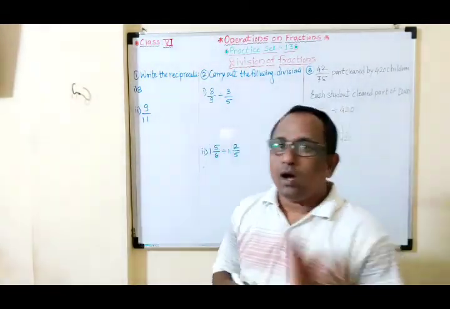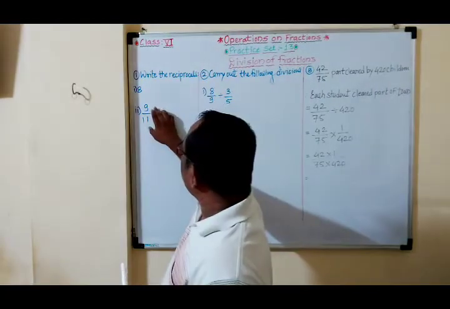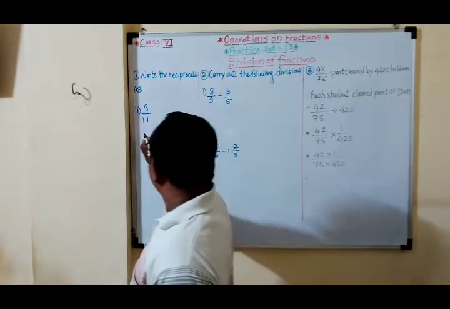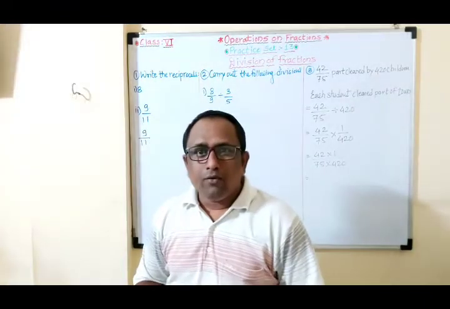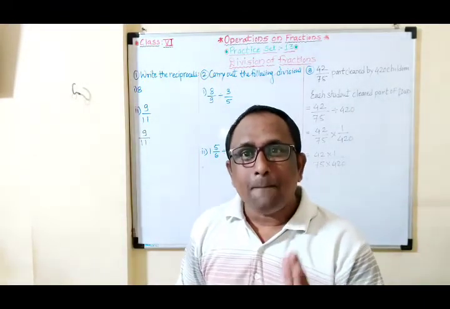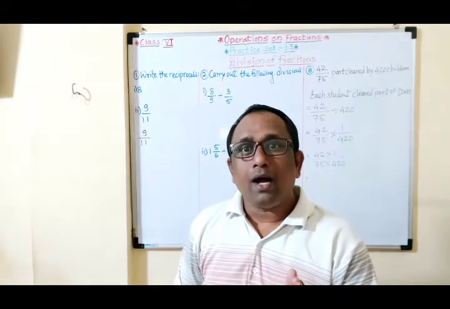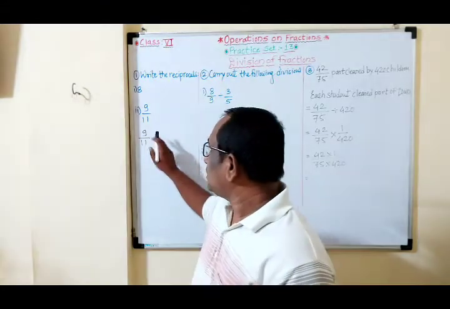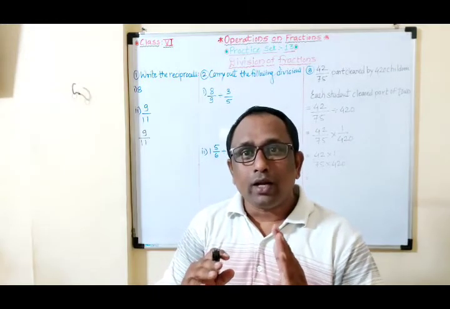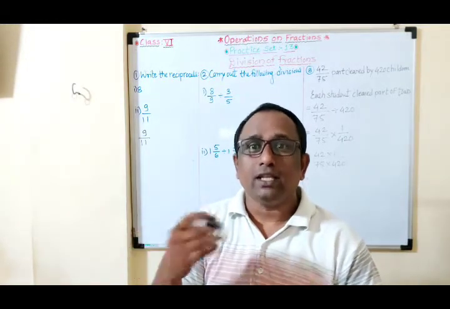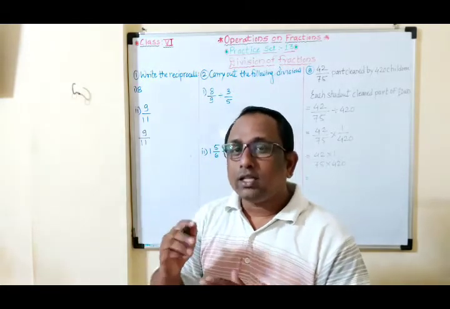Now, if here is one fraction, 9 upon 11. If a fraction is multiplied by another fraction, which is this fraction with its numerator and denominator exchanged. Exchange means what?